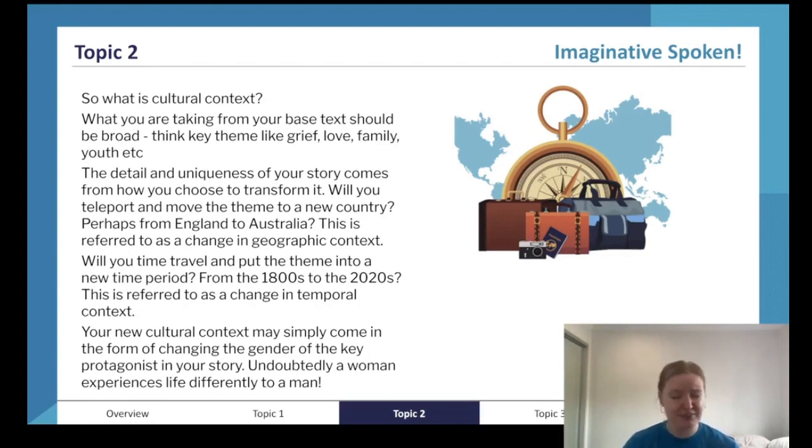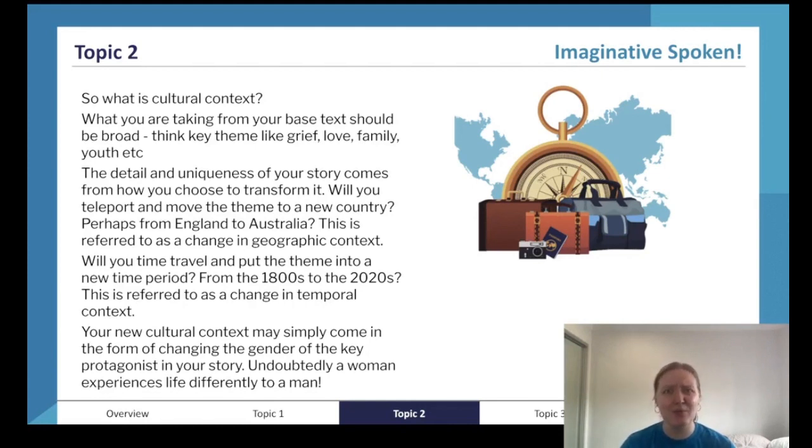So the first way that you might do this is by teleporting and moving that theme to a new country. So you could move from England to Australia, and that is called a change in geographic context. So although England and Australia do share some cultural ideas, we both love a pub, there are definitely some big differences in the way that we see the world.